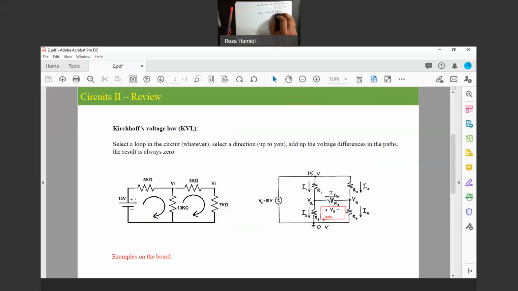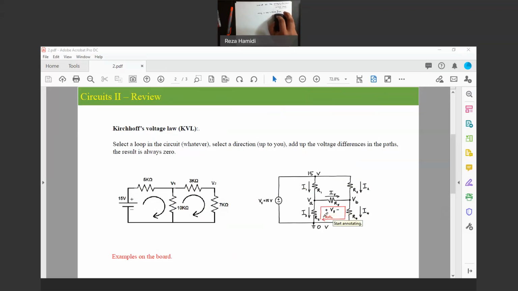Here, if you add up these voltages, it's gonna be zero. If you consider this loop, if you add up all of those, it's gonna be zero. Let me run annotation. Here a loop is given.